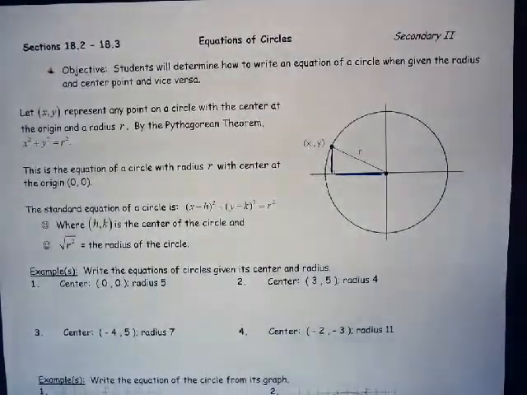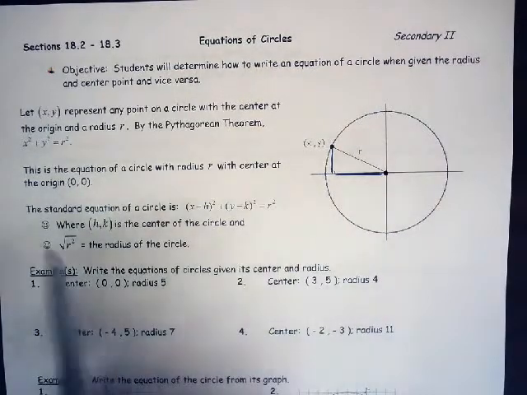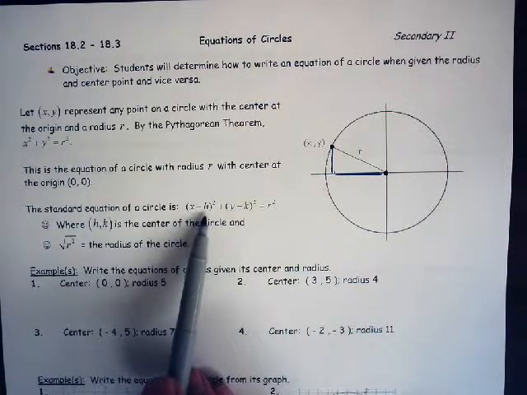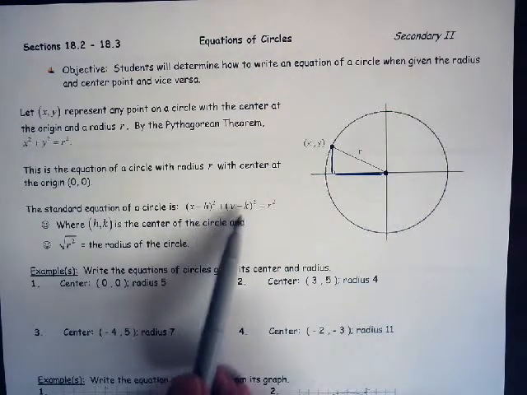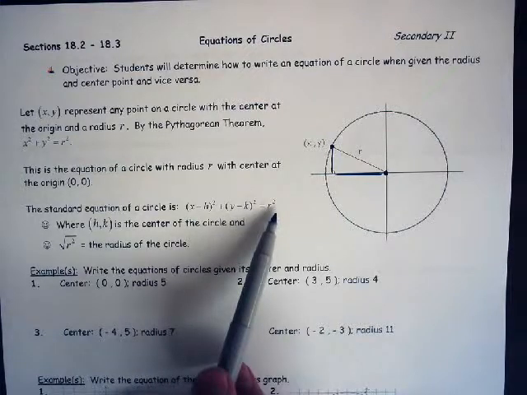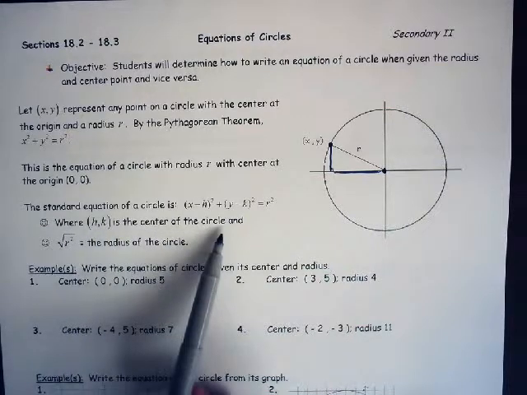But when the center of the circle is not at 0, 0, we can write the standard equation of a circle as (x minus h) squared plus (y minus k) squared equals r squared. And in this equation, (h, k) is the center of the circle.